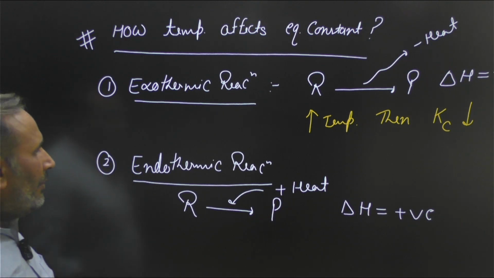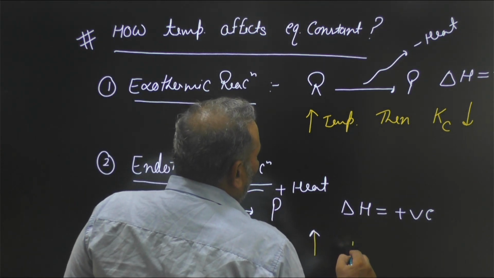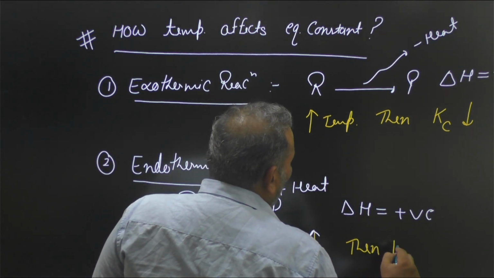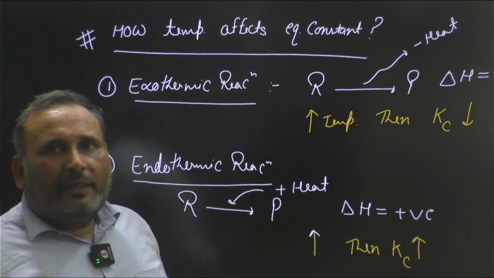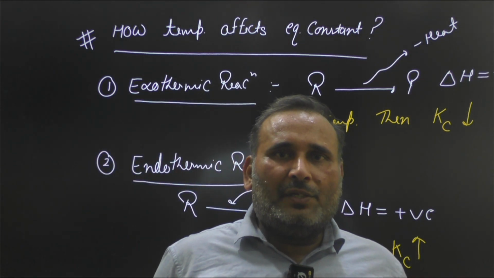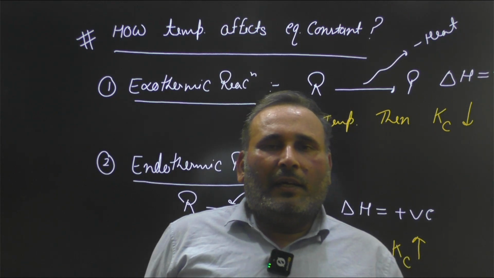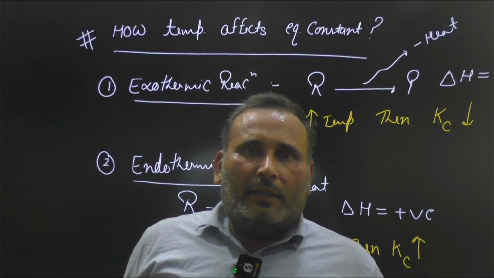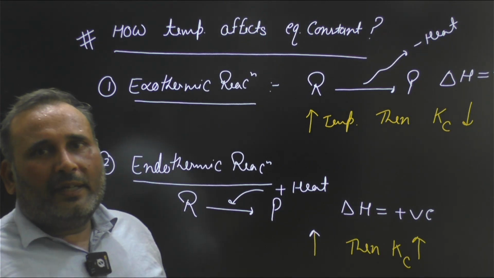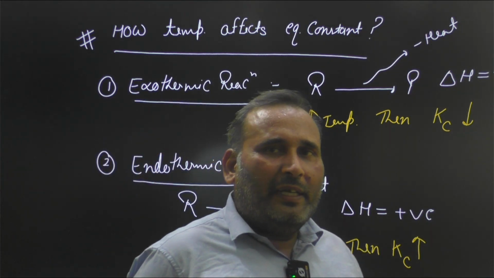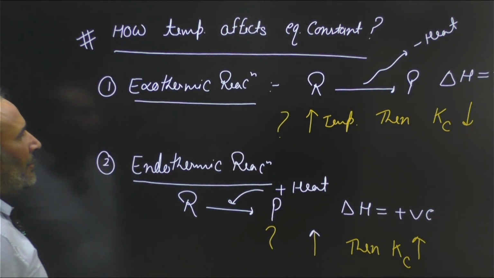And in endothermic reactions, when we increase the temperature, the value of equilibrium constant Kc increases. And for reactions for which delta H is 0, meaning the reactions which neither absorb nor release energy, temperature does not affect the value of Kc. So we have to understand the reason behind that.